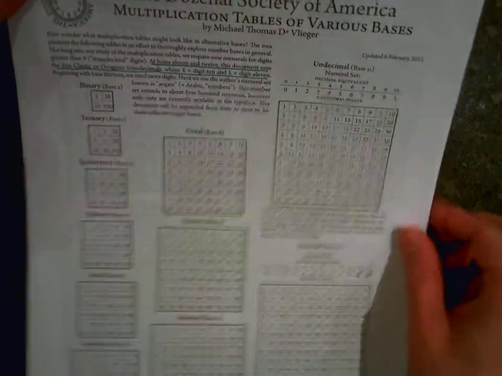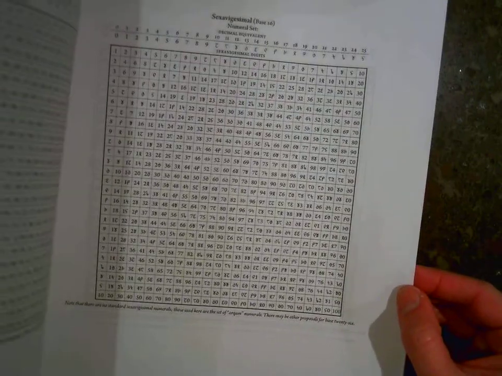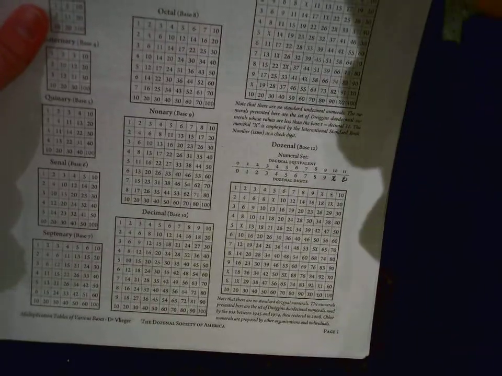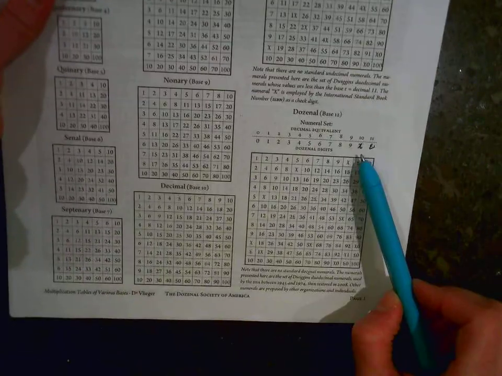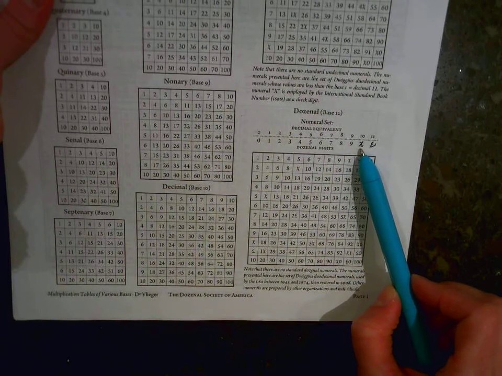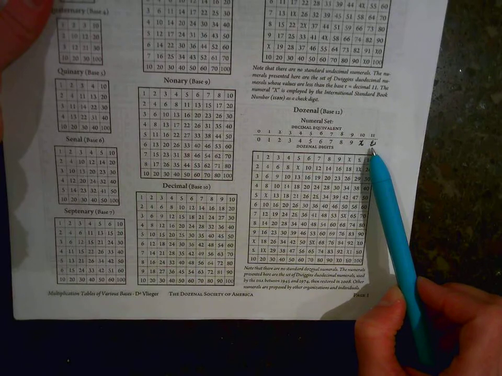So they go all the way up to, wait for it, base 26. But here, let's just check out base 12. I can't zoom in when it's recording. I hope you guys can see this. So do you see, like in base 12, they needed single digits. Now we used A and B. They used gamma and some other Greek letter.